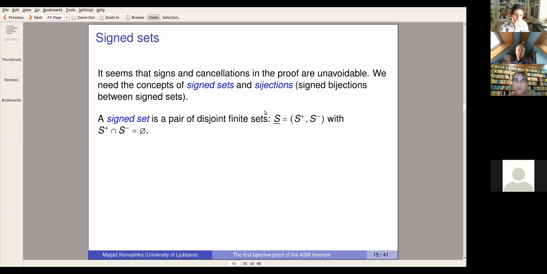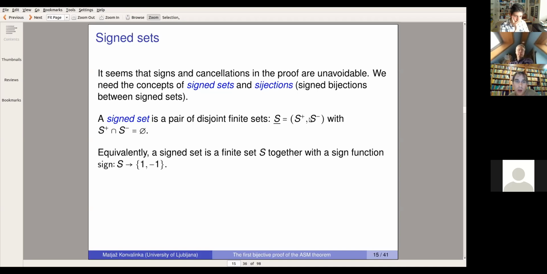I'm going to assume everything is finite, and they should be disjoint. So this is it, right? Some positive elements and some negative elements. Another way to say that is that you have a finite set and a sign function, so a function that tells you which elements are positive and which are negative.